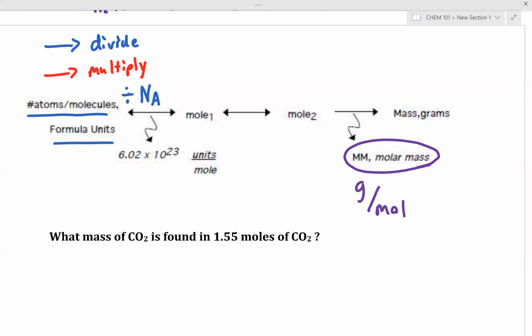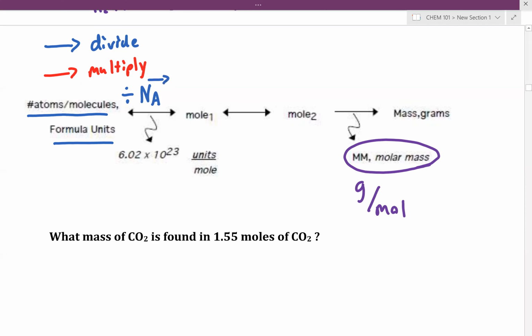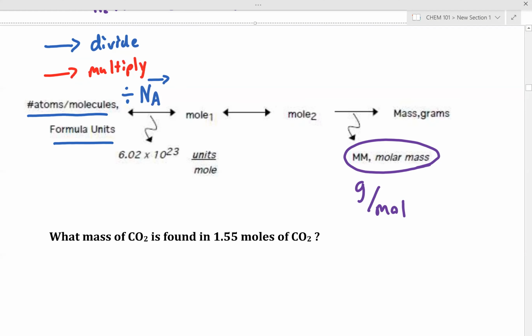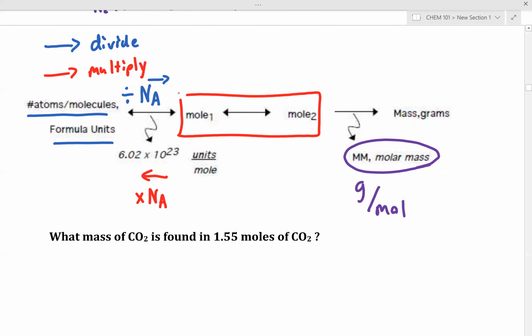Okay? So that's one way. If we wanted to go from moles to atoms, the opposite direction, we're going to multiply. So we're going to multiply by Avogadro's number. Does that make sense to everyone so far? Now, we're going to shelve this middle conversion for now. We're just going to leave this one alone. We'll talk about that in a moment.